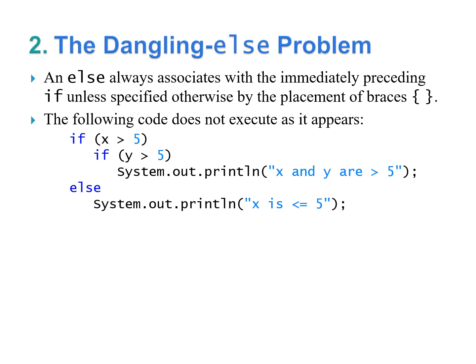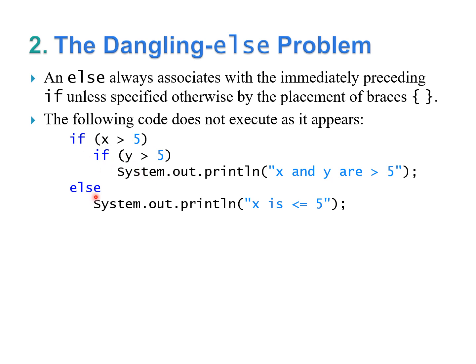As the syntax rule, an else part always associates with the immediately preceding if unless specified otherwise by the placement of the braces. For example, consider the following nested if-else statements, which have two ifs and one else.